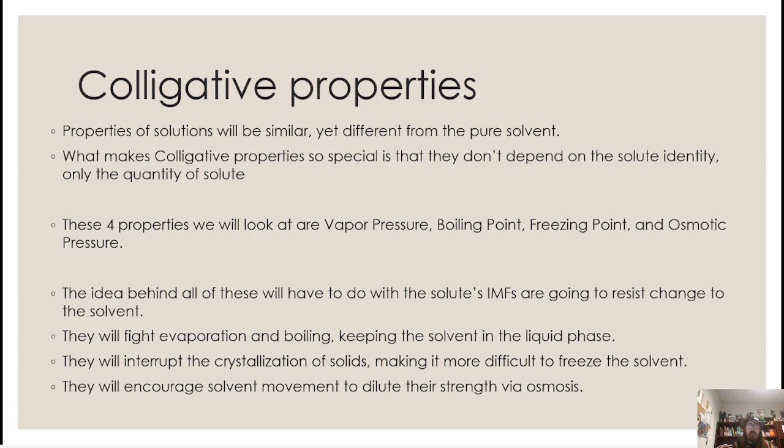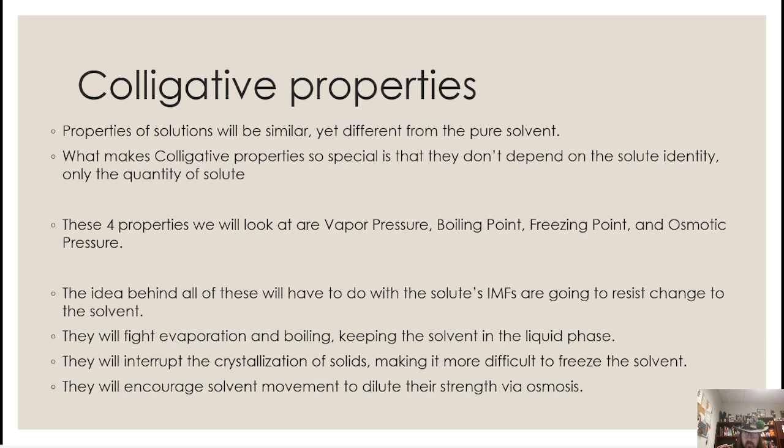So the four properties we will look at individually are vapor pressure, boiling point elevation, freezing point depression, and osmotic pressure. But the idea here is that these solutes are, because of the intermolecular forces between the solute and solvent, going to resist changes to the solvent.